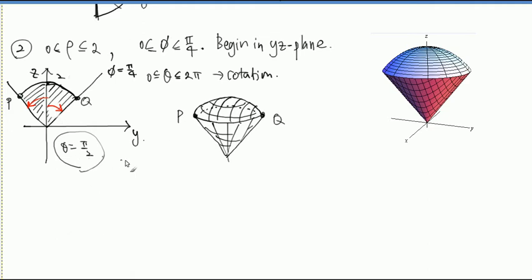And the top domed portion, because of the unconstrained theta. Theta means rotating around it here. You have the full shape all around because there's no constraint on theta. That's right. Is that good?